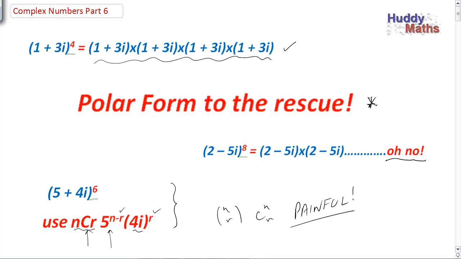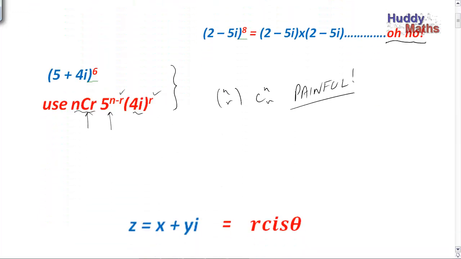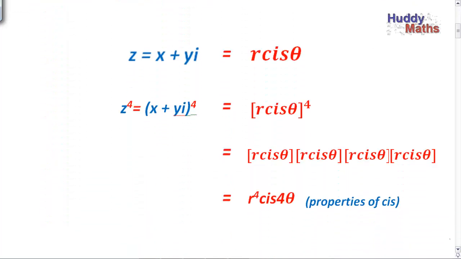So let's have a look at why it is easier, and here's a little example for you. If z equals x plus yi is in r cis theta form, polar form, then z to the fourth would be r cis theta to the fourth, which would look like this here. And we know these are all real numbers.